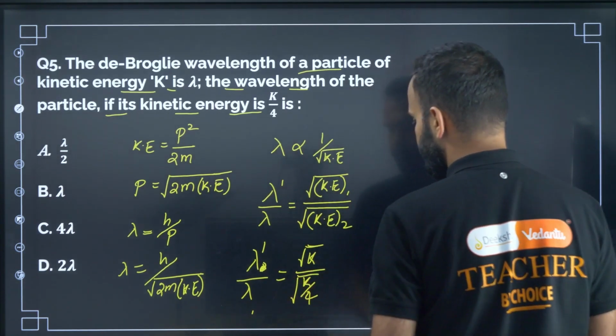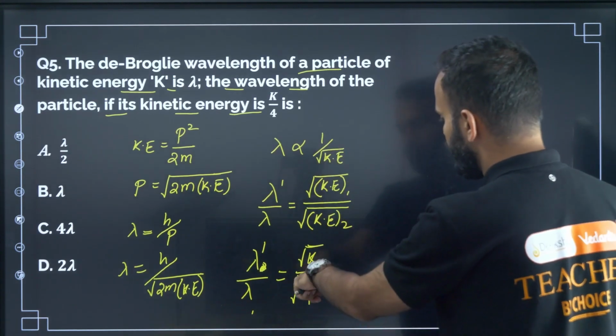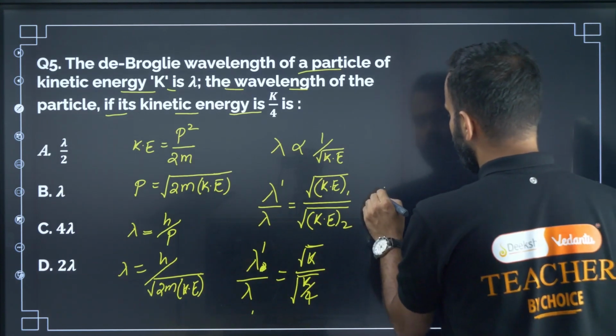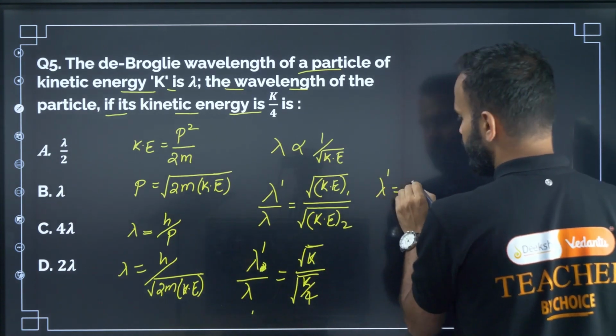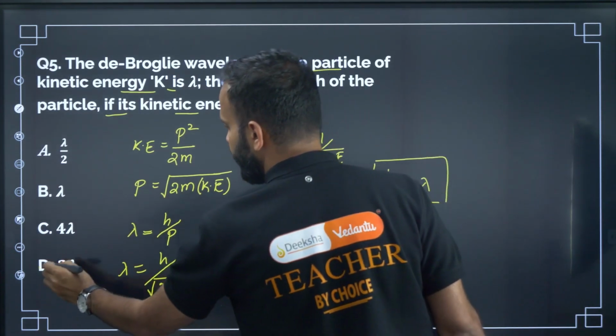KE2 is K by 4, so root of KE2 is root of K by 4, right? Solve this, and you will get lambda dash equal to 2 lambda. So the correct option is D.